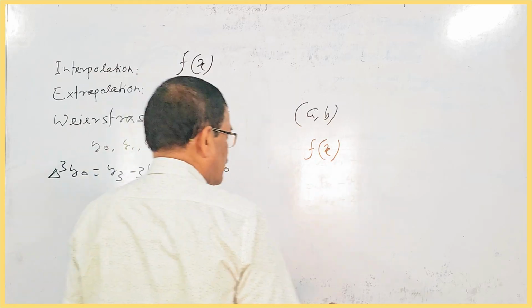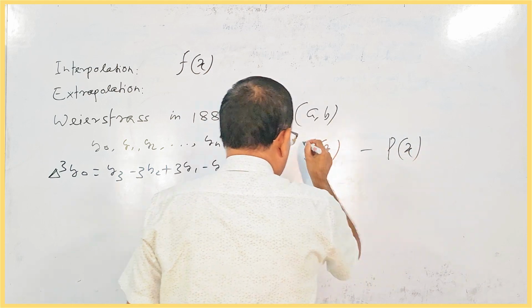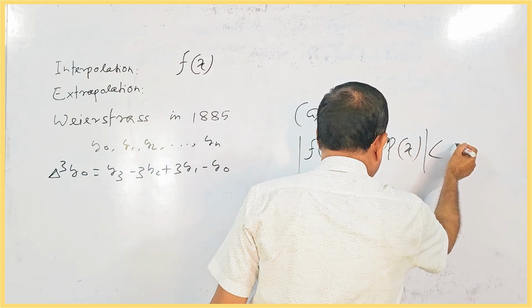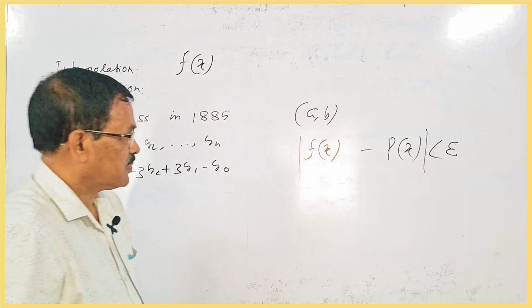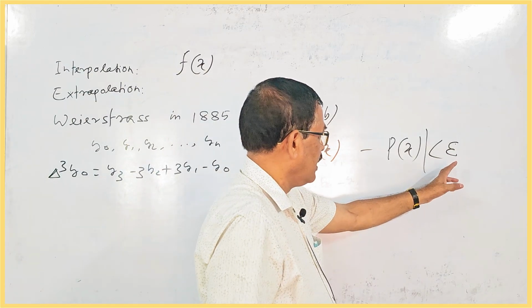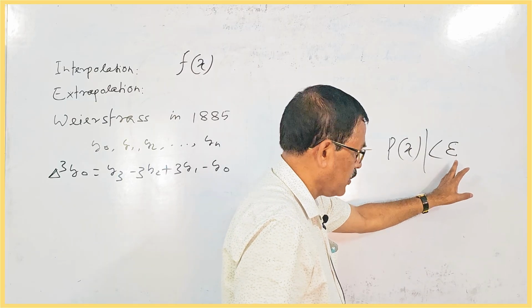Now we can replace this function by a polynomial p(x), provided the modulus of f(x) minus p(x) is less than epsilon in that interval. And what is epsilon? Epsilon is a pre-assigned quantity, meaning we assign this quantity. It is our tolerance of error.